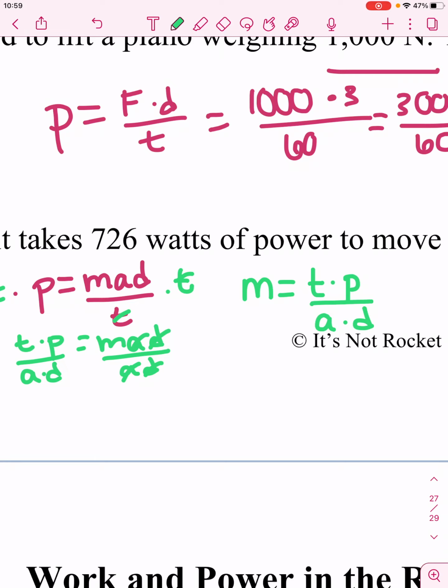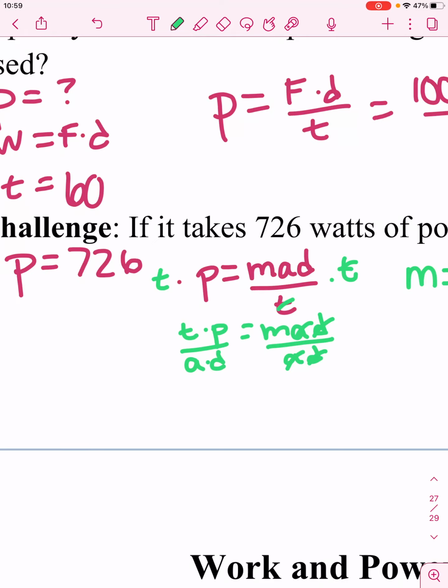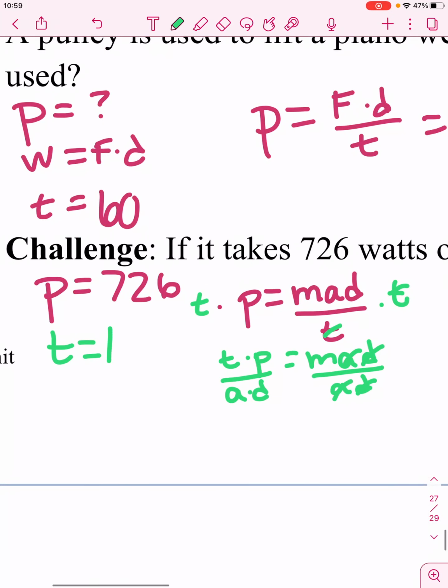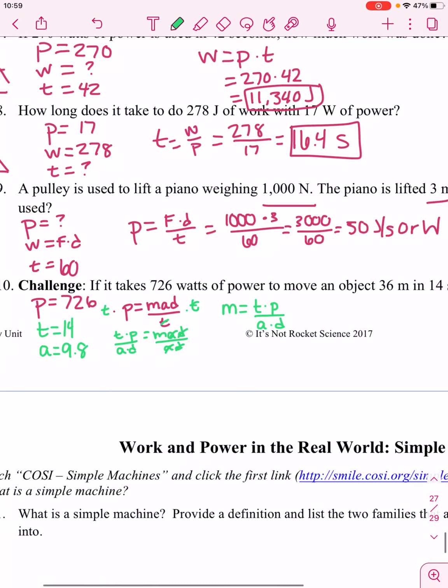My mass is unknown. My acceleration, it's not given to me in the problem, but I can assume that it's 9.8. And my distance is 36 meters. And again, my M is my unknown.